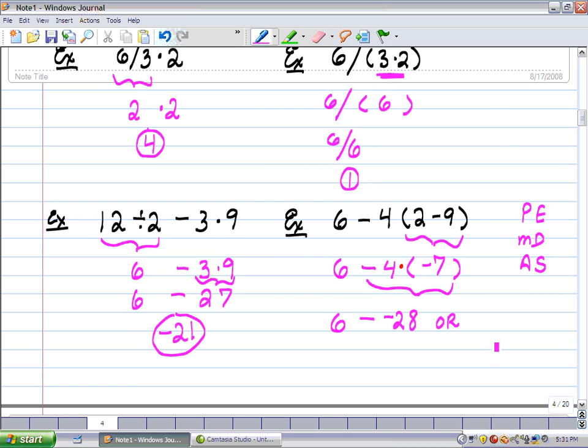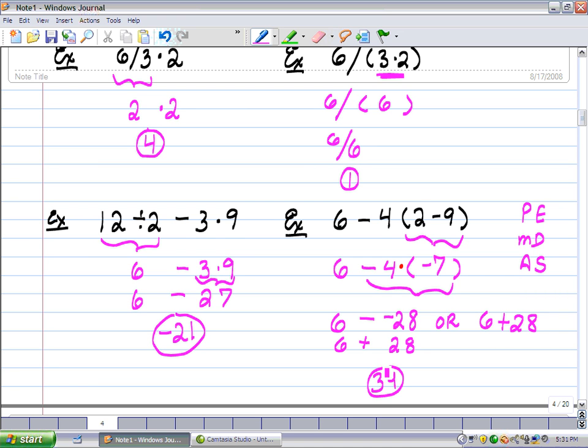Or I could do the whole thing together and say negative 4 times negative 7 is plus 28. But remember, if I did it this way, the negative would hop on top of the other negative. So either way, I end up with 6 plus 28. And 6 plus 28 is 34.